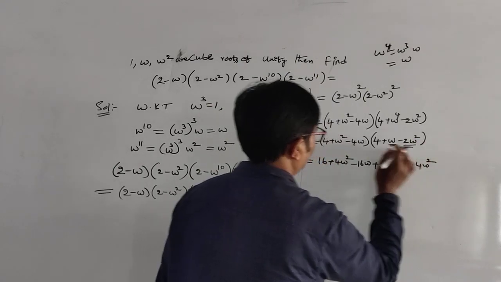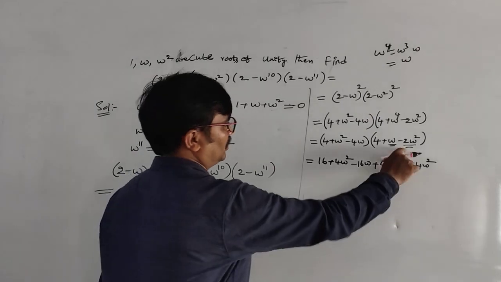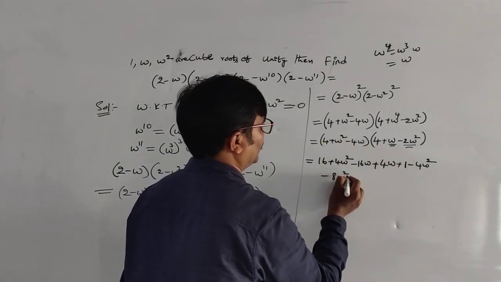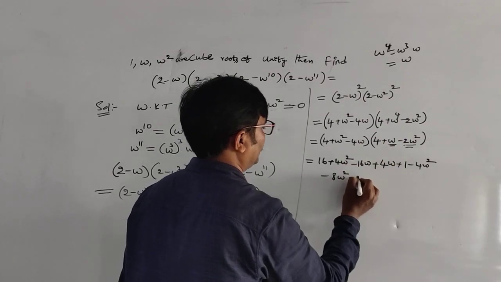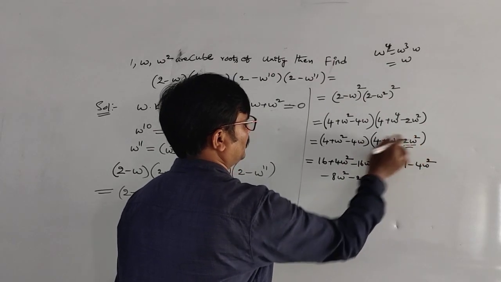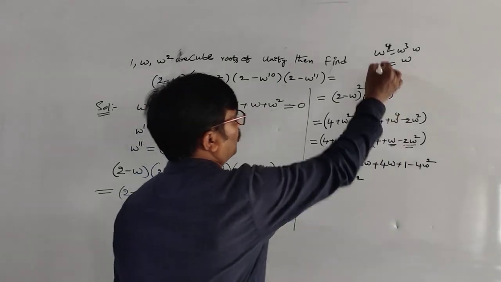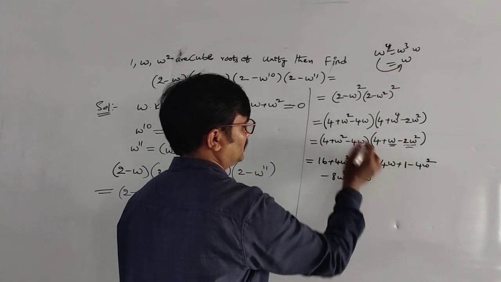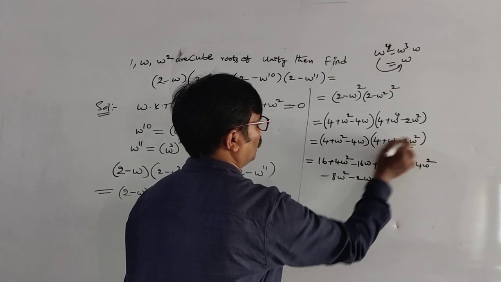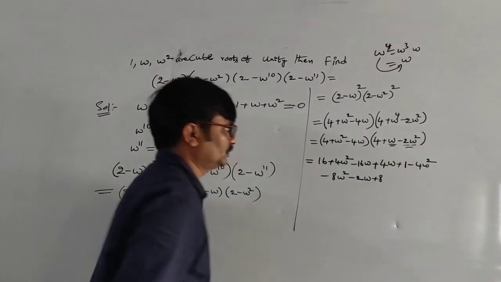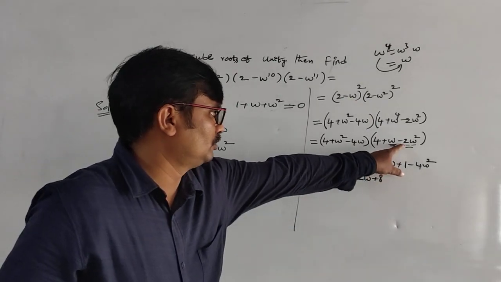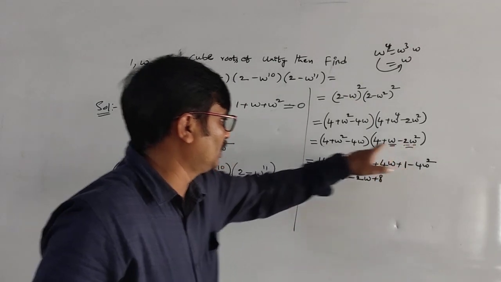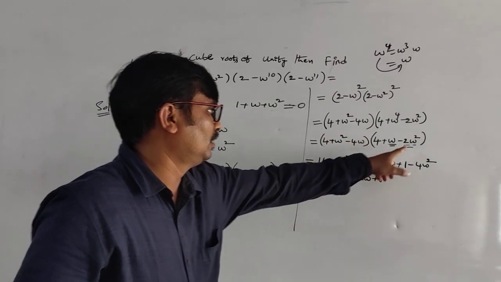Now multiply with minus 2 omega square: 4 twos are minus 8 omega square, and minus 2 omega square into omega square is omega power 4, which is omega, so plus 8 omega cube, which is 1.